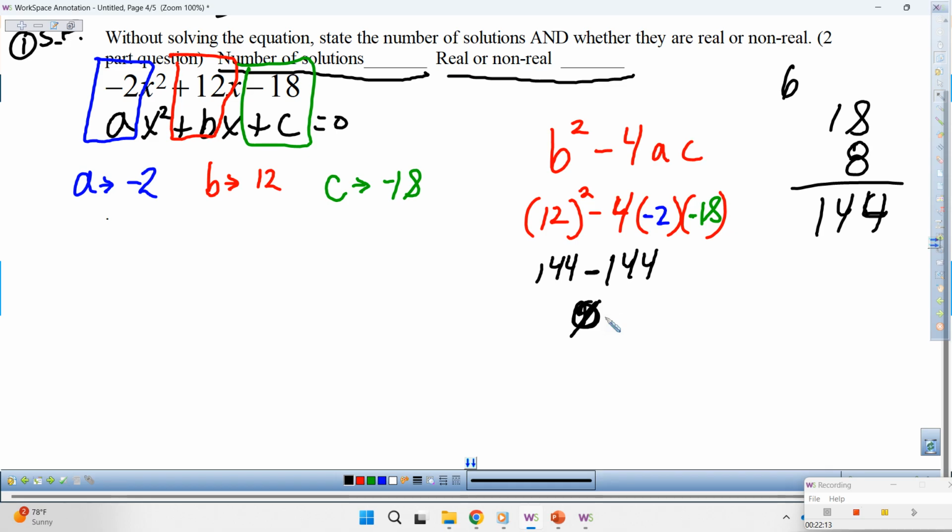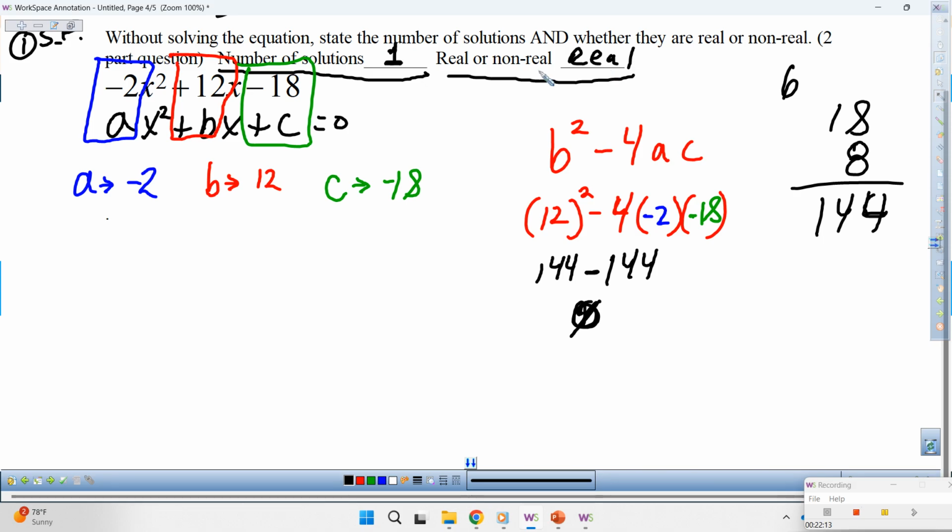So look at the table that you just wrote from the previous problem. When we end up with 0, how many solutions, everyone? One solution. Write that in there. That is correct. So since it's one solution, you're going to write real solution.